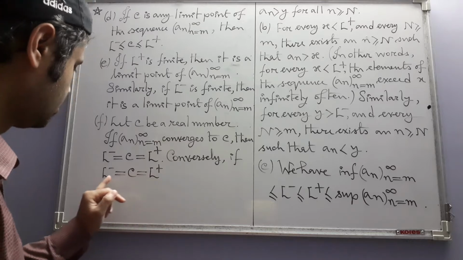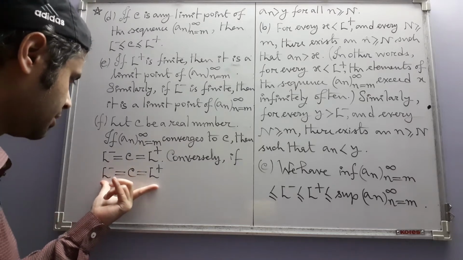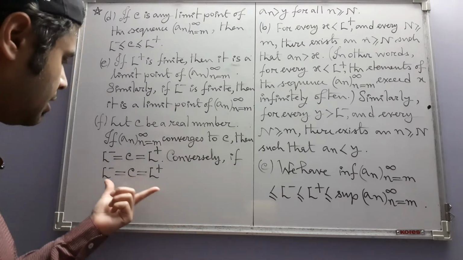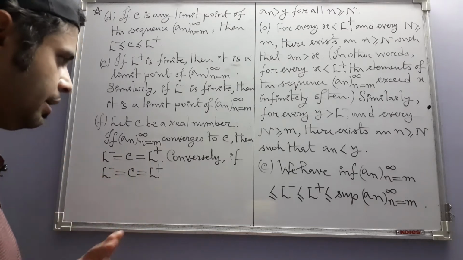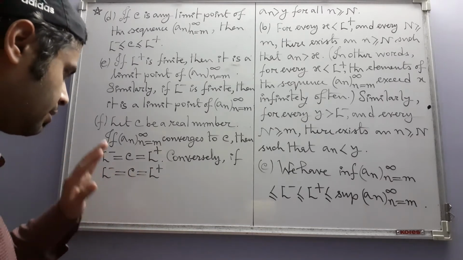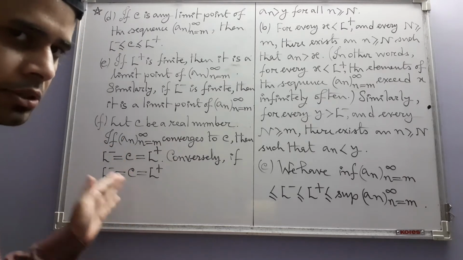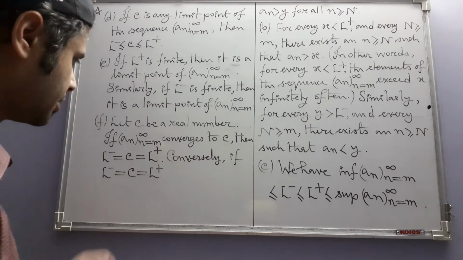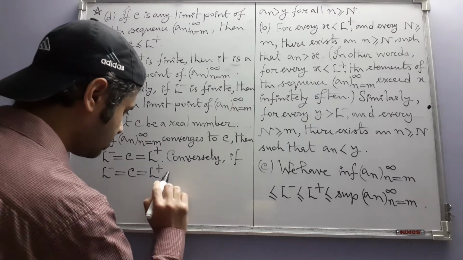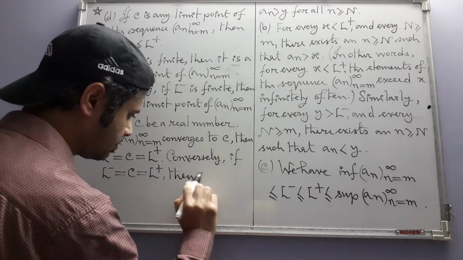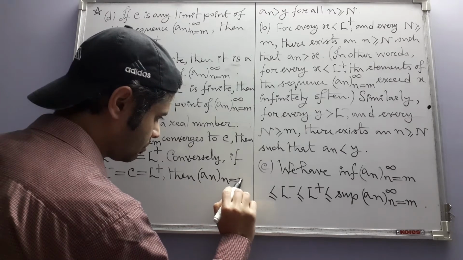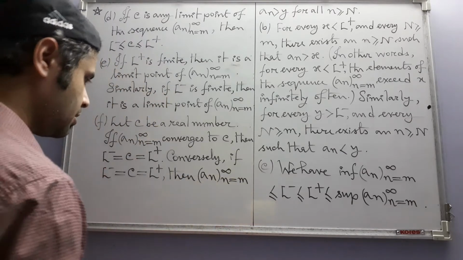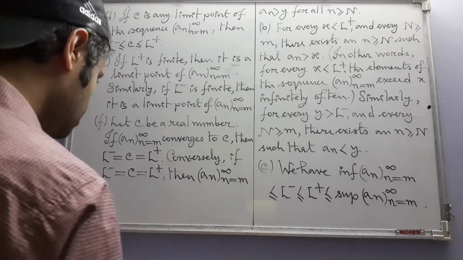So these equations mean that L minus and L plus are equal, and that too not just in any way, they are equal to a real number. So that means they themselves are real numbers. Then our sequence converges to C.